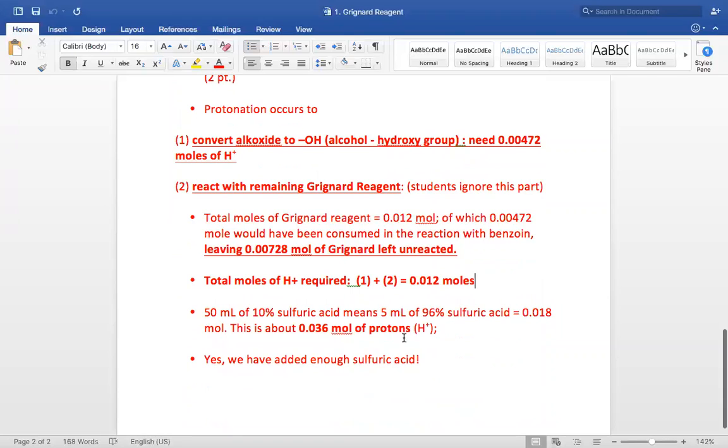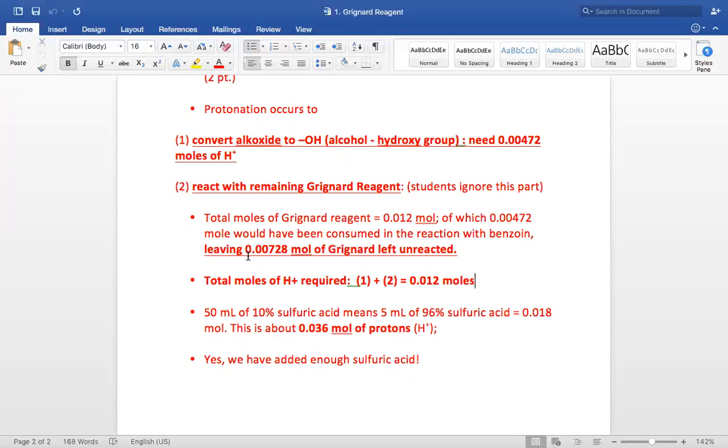Okay, so during this protonation, you will write the CH4 and some sulfate salt as a final product, okay? All right, so in order to react with the alkoxide, you need this amount of moles of hydrogen plus, and also the remaining amount of the Grignard reagent, you need a 1-to-1 ratio, okay?